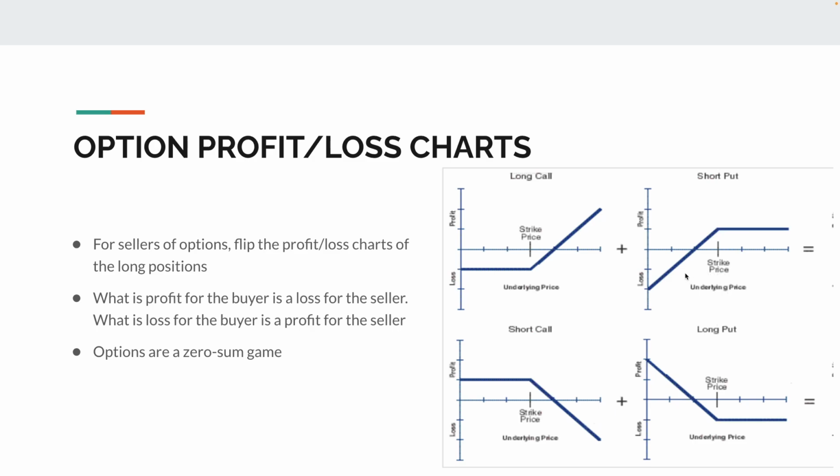Same thing over here for the puts. For the long put, profit for the buyer will be losses for the sellers.